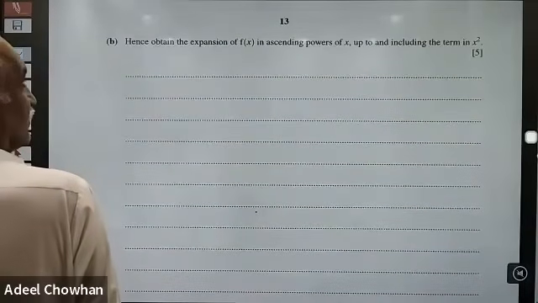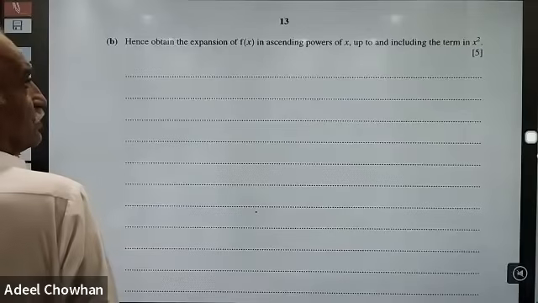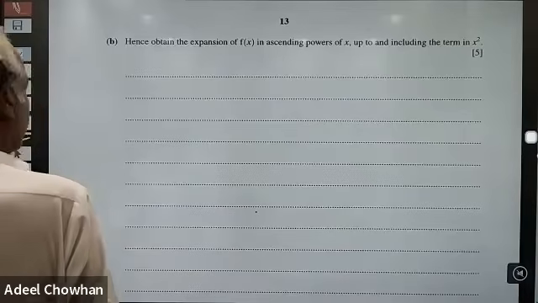Hence, find the expansion of f of x in ascending power of x up to and including the term of x square.